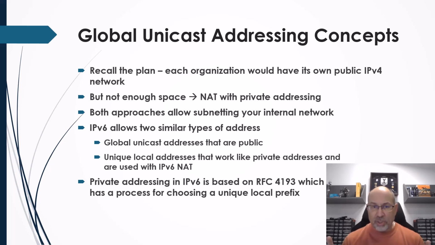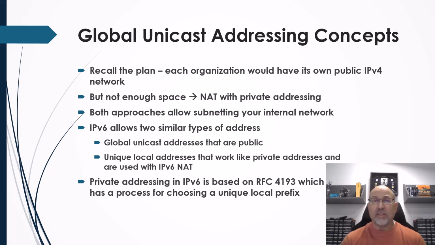Now, both approaches, whether you got your own globally unique address space, like one of the classes defined at IANA, your RIR, or you did private addressing with network address translation, you could do all kinds of subnetting throughout your network. It didn't matter whether you were private or public address space.